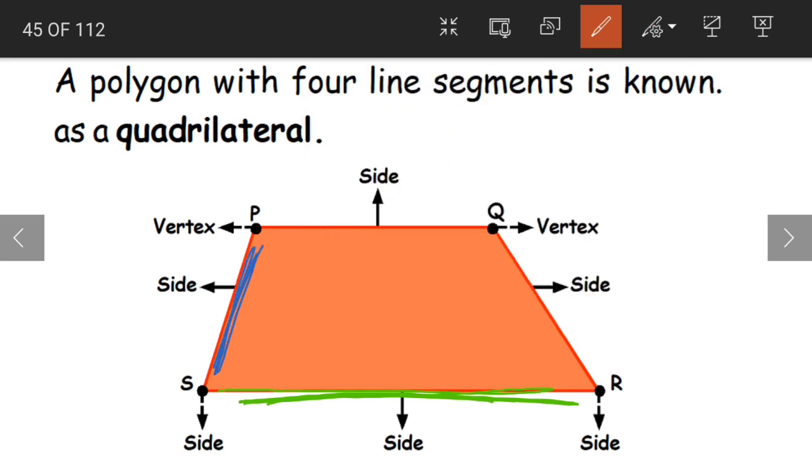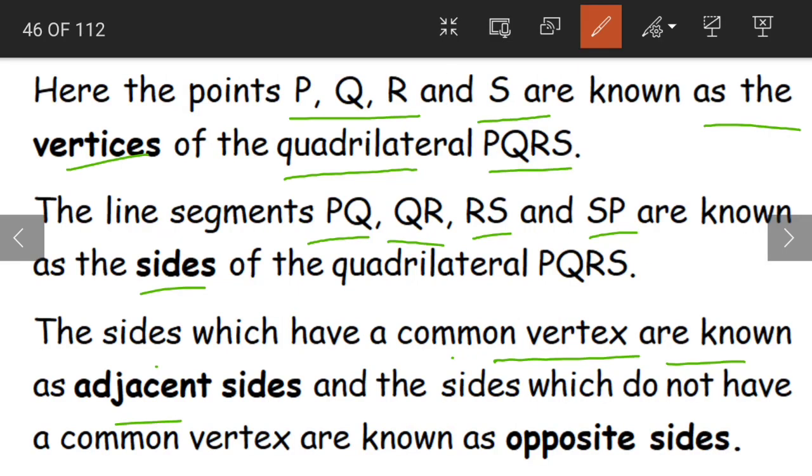This PS or else QR. These two can be the adjacent sides for our line segment SR. Understood? Adjacent means which is just beside us. They are having a common vertex, so they become our adjacent sides.